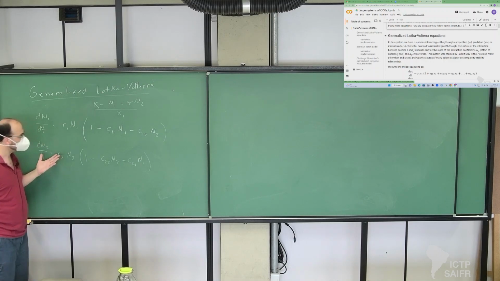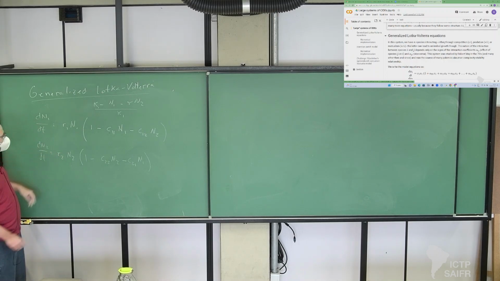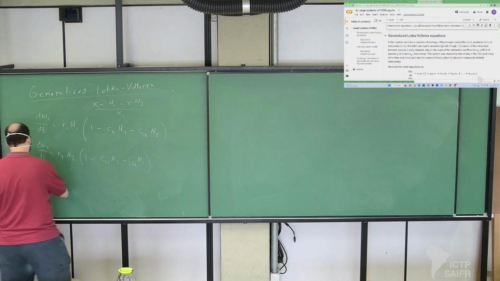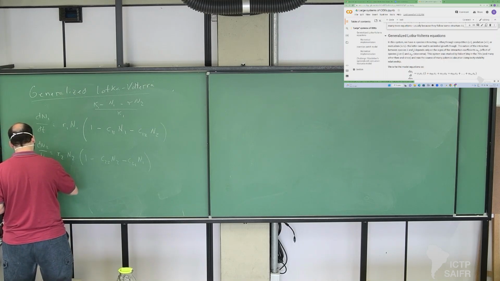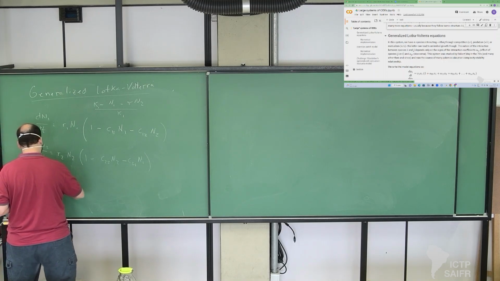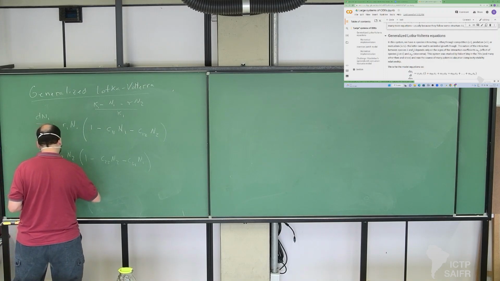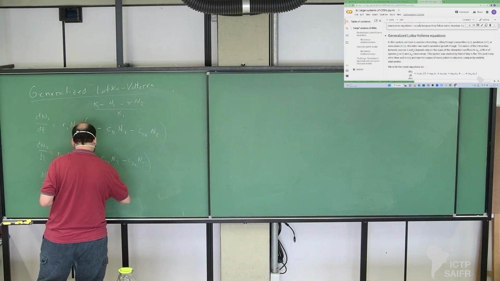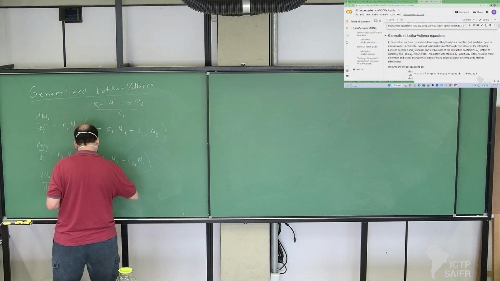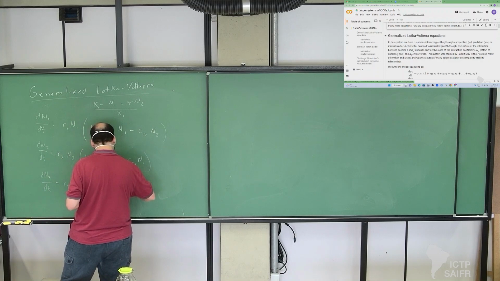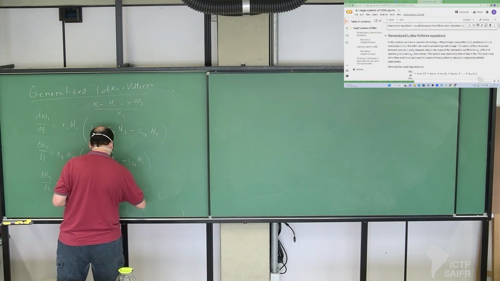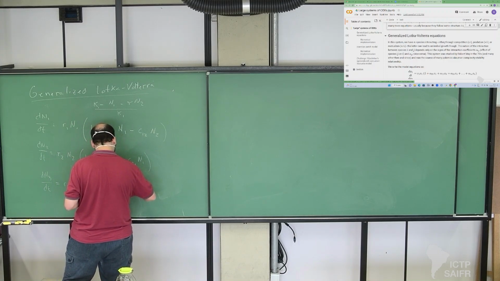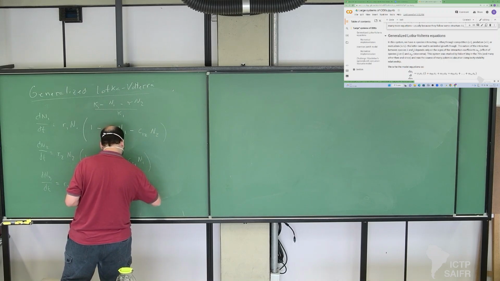if I have more species, what if I want to introduce a third species? How do I introduce a third species? I add another equation here, dN3/dt. I have an R3 N3, and now I'll have 1 minus competition of this species with itself, and then with the other species, the effect of 1 on 3 and the effect of 2 on 3.